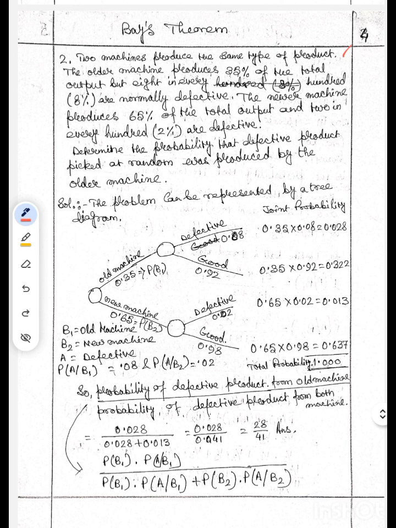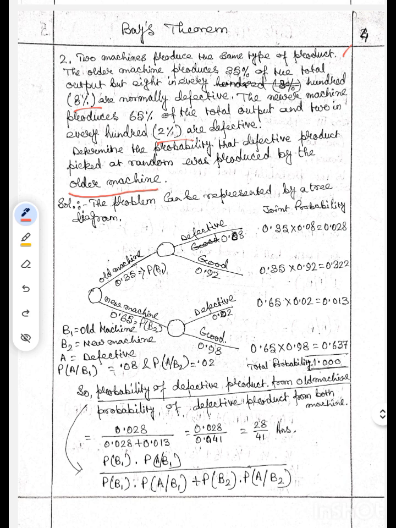So there are two machines, one is older and another is new. The older machine produces 8% defective and the new machine produces 2% defective.